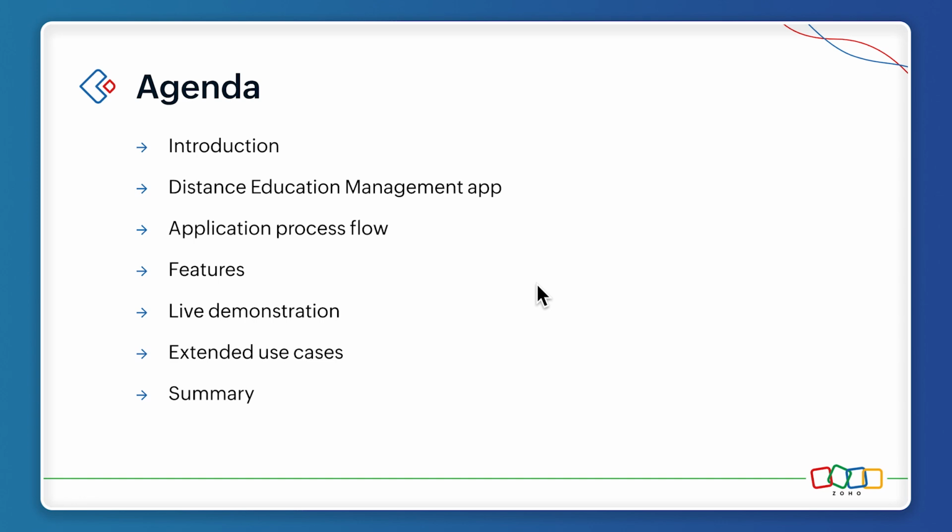We will be discussing the application process flow used to build that application, and we'll talk about the features that are used to highlight the working of that application. Finally, we will see the live demonstration of this distance education management. We will discuss some of the extended use cases and we'll conclude the session by summarizing it. This is going to be the agenda with which we will be taking you throughout the session.